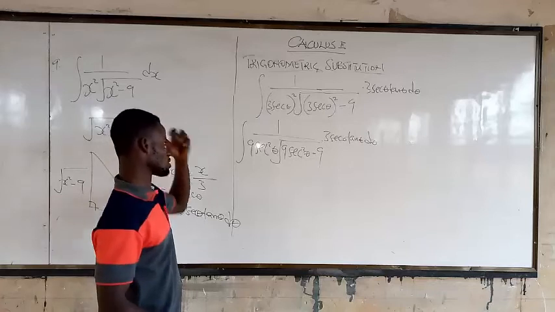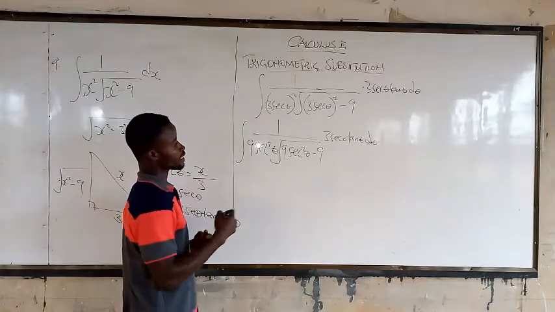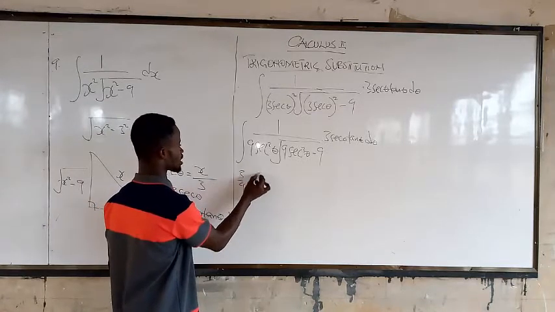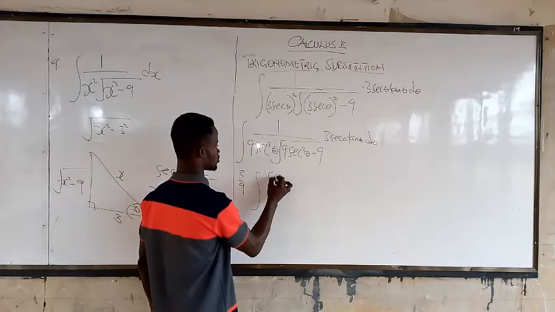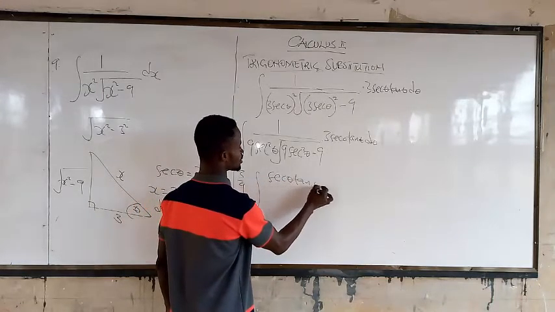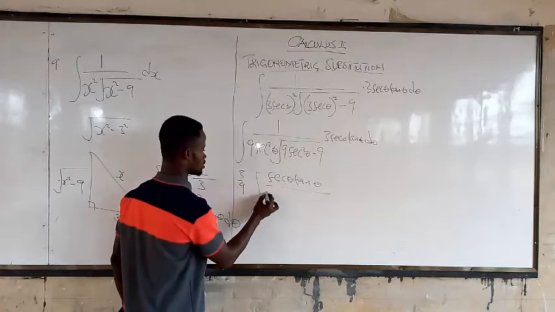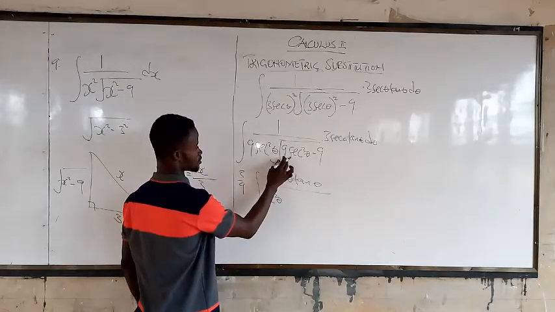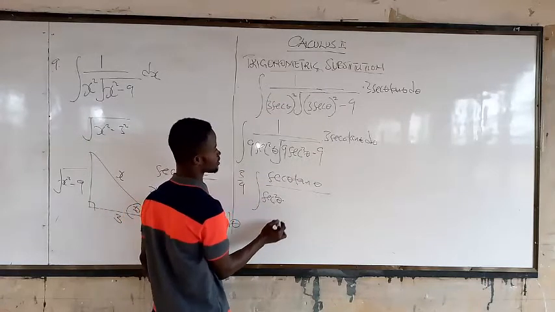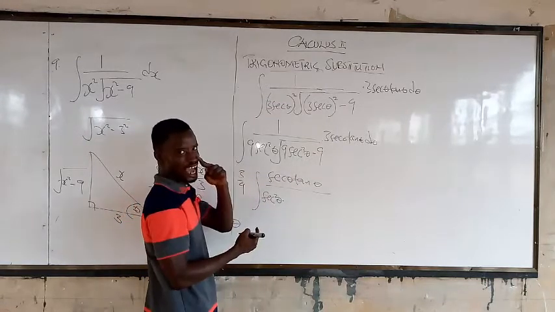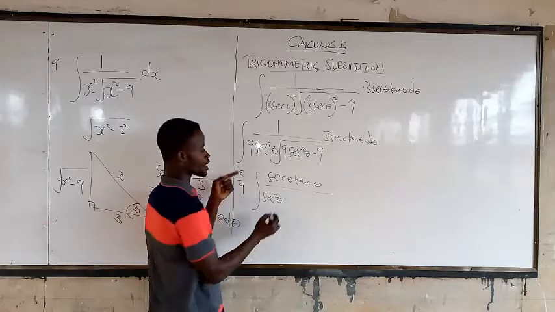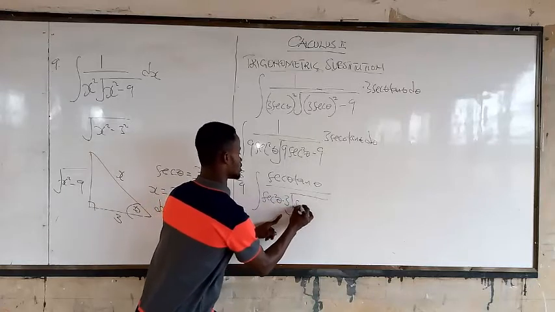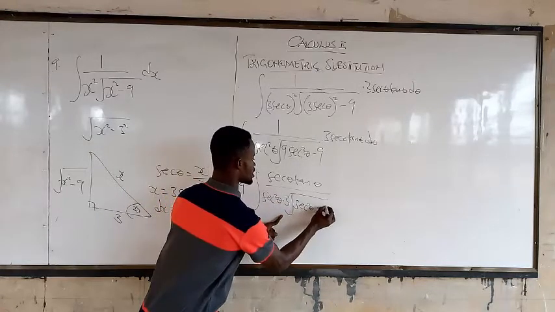So looking at the constants here, we can get this one out. 3 over 9 comes out. Sec theta tan theta, all this over sec squared theta. And with this, we can factor 9 out, and we take the square root of the 9, so we get 3. Hope you can see what I'm doing. And here we get sec squared theta minus 1.